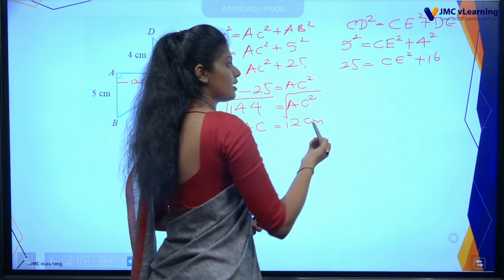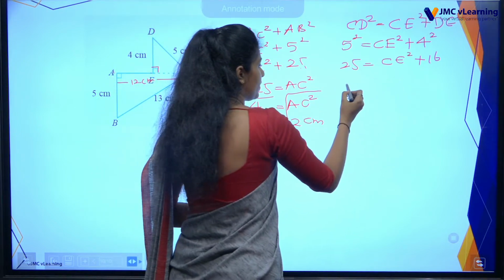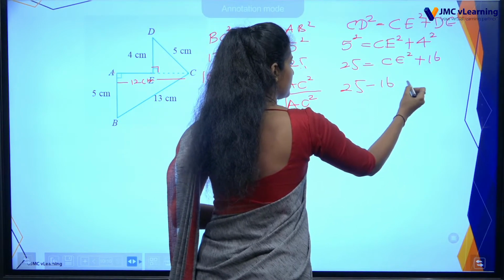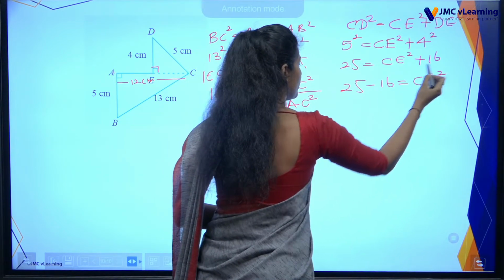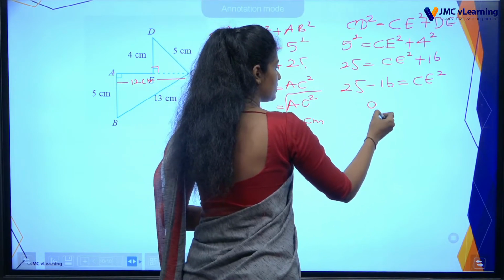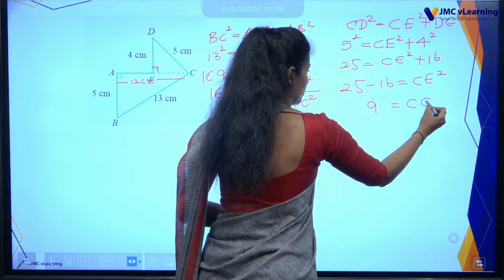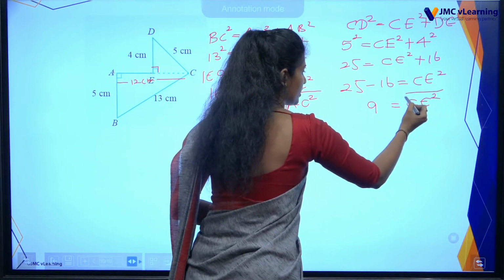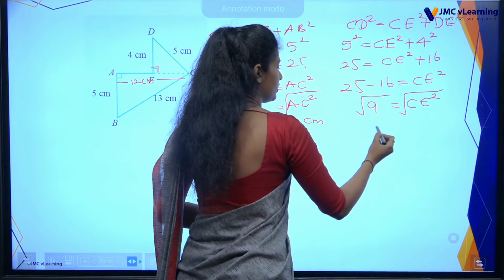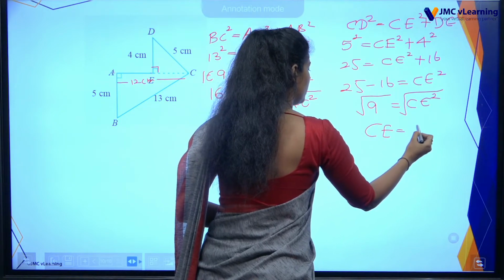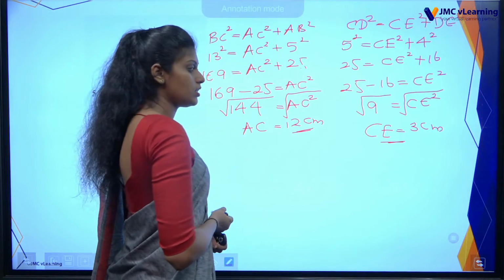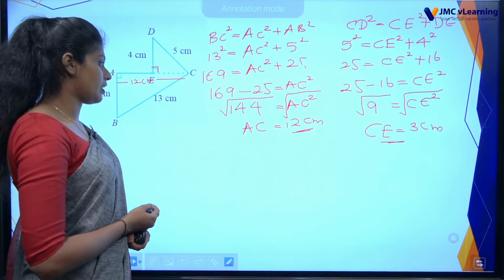Then let's take that 16 to the left hand side. 25 minus 16 is equal to CE squared. Then here the value is 9. To find the value of CE, you have to take the square root. Then CE is equal to 3 centimeter. Why? 3 into 3 equal to 9.